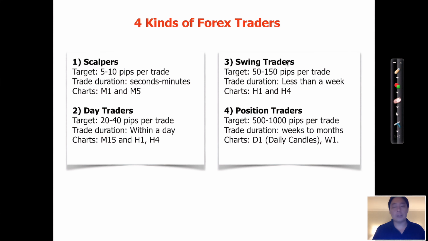Swing traders take about a couple of days to close a trade, so they may not take as many trades. And position traders will take even fewer trades because one trade lasts for a few weeks, months, or even years. Day traders would look at charts and analyze based on 15-minute candles, 1-hour candles, or 4-hour candles.